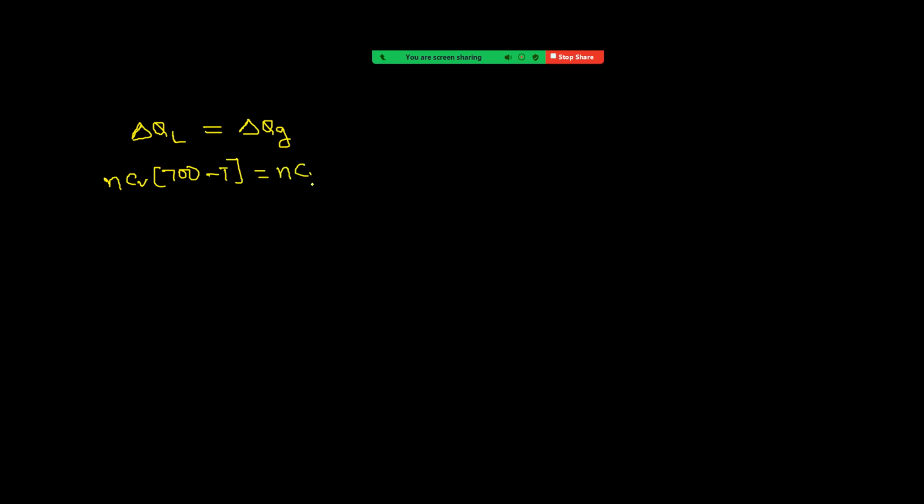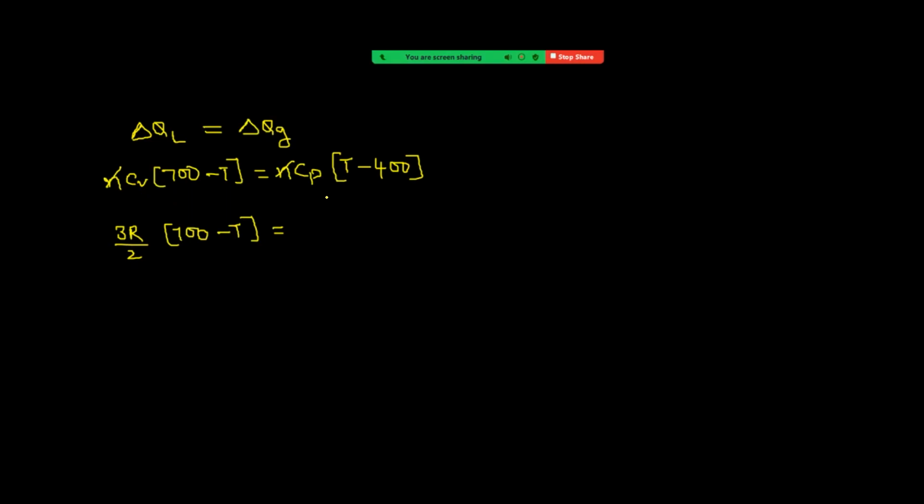Equal to n Cp delta T, T minus 400. Number of moles is 2, that's why 2 gets cancelled. Cv, since it is mono, 3 by 2 R into 700 minus T equal to Cp.